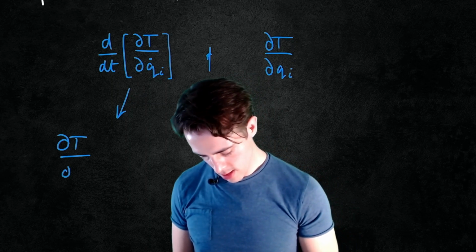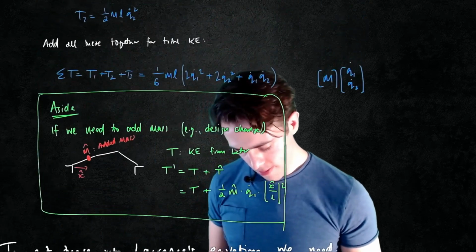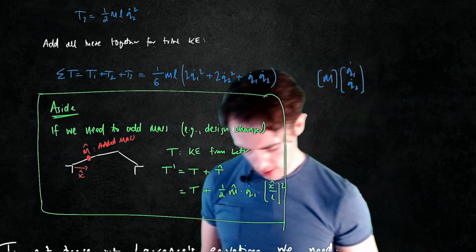dT on dQ1 dot. What we can see up here, well, we're going to end up with a term from this and a term from this.